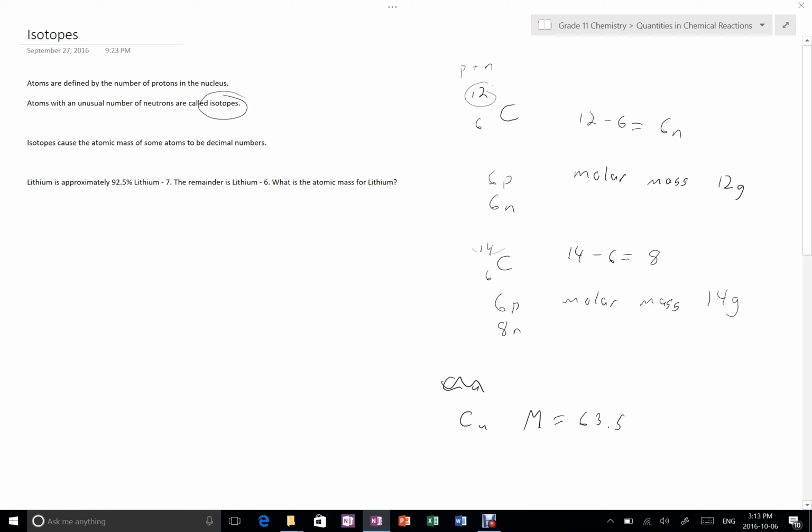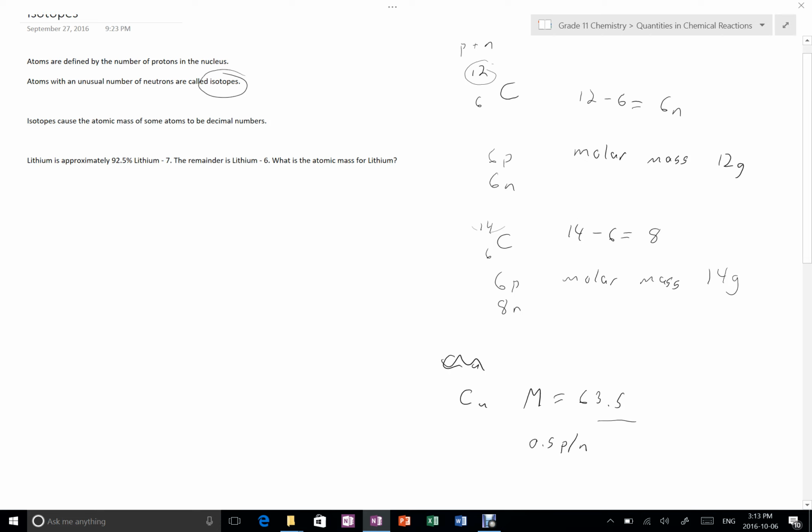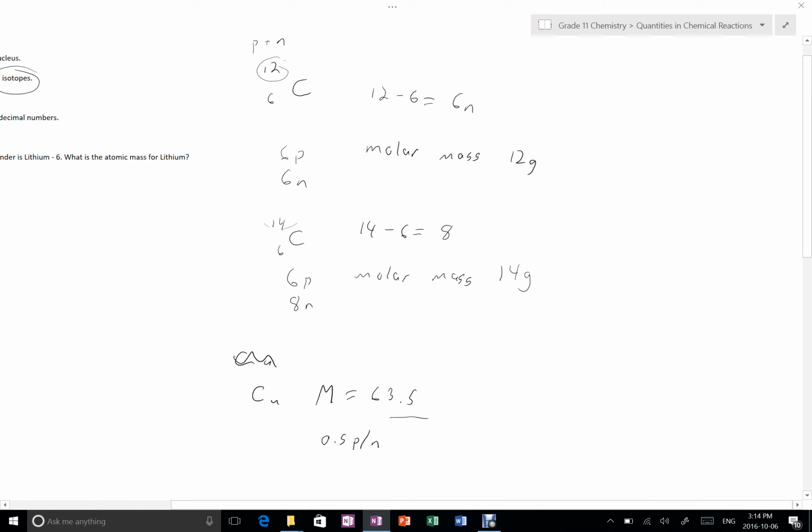Let's just go 63.5 to make the point. That doesn't mean that copper has 63 protons and neutrons plus 1/2. It doesn't mean that there's half a proton or neutron here. That doesn't make any sense. There's no such thing as half a proton or a neutron, or at least not within what we're talking about right now. So what does this really mean?